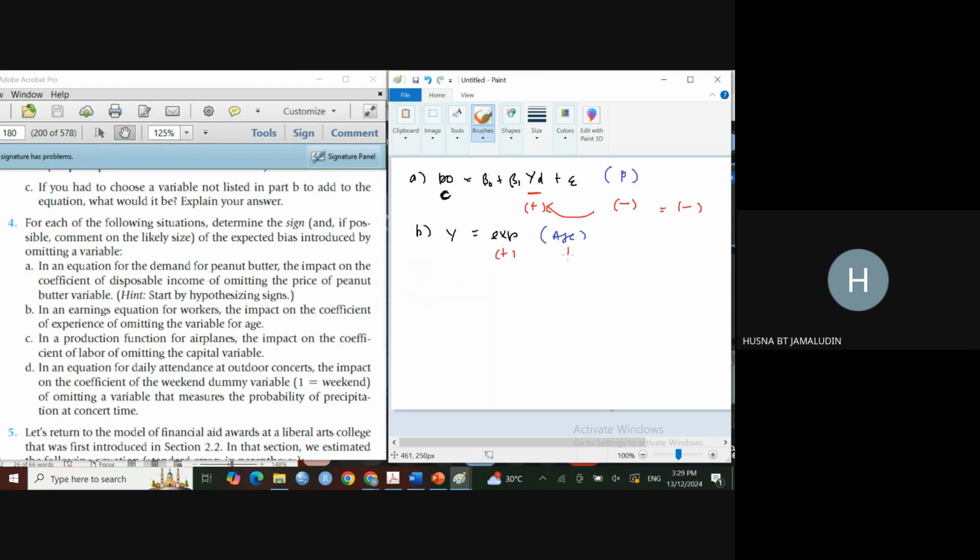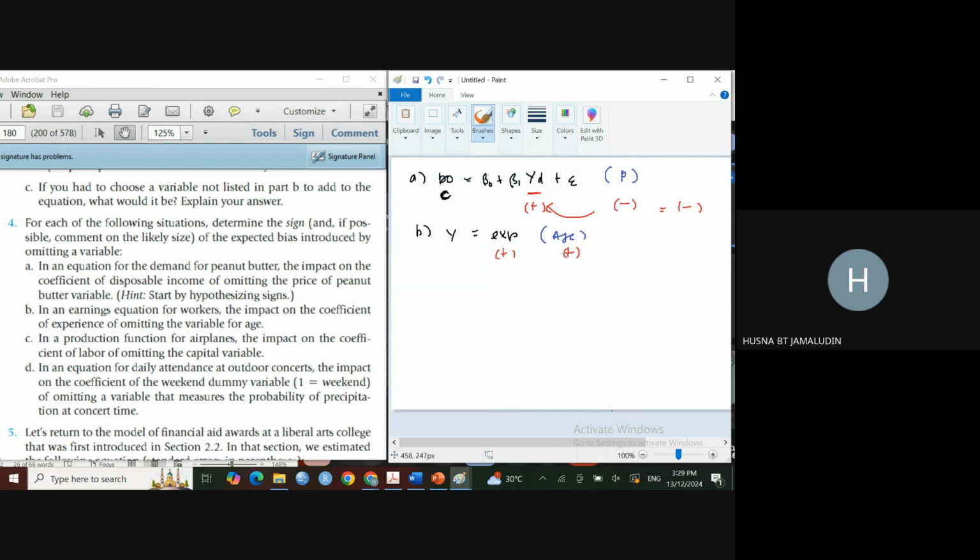So age is positive. I will not put age and experience together, they will become multicollinear, but it's okay because this textbook just gives you the example. But basically, you shouldn't put experience and age together. Okay, it's fine. So age is positive. The higher your age, the more experience and seniority you have, so the more income you will get.